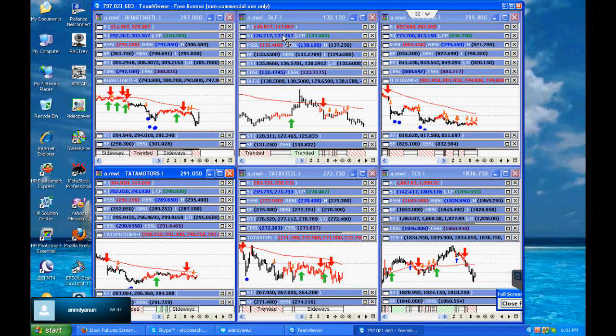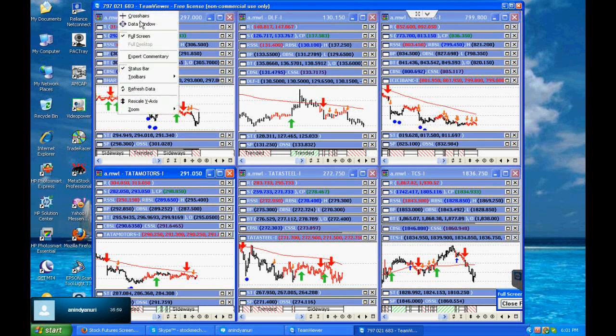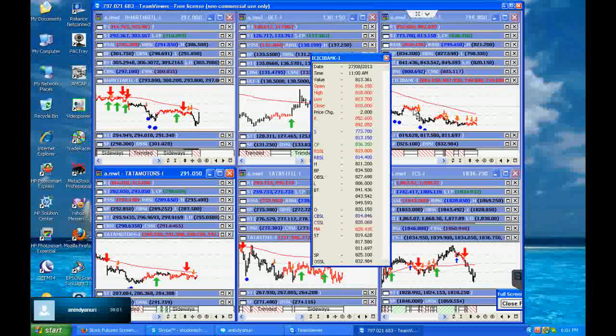The bias, for example ICICI Bank, traded below the open and previous day close, so the full day bias is down. You understand that at that time, then you may take re-entry sell signals like these, which were there at that time. If anybody was taking the re-entry sell signal, the stop loss would have been this particular bar, 819.50.